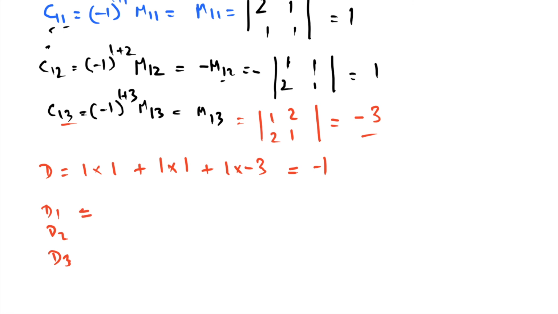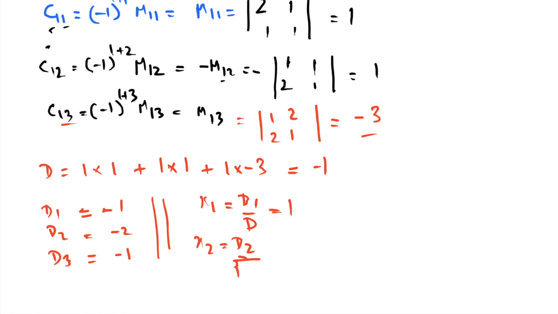I'll not compute them for you, but I encourage you to do it on your own. D1 will be equal to minus 1, D2 will be equal to minus 2, and D3 will again be equal to minus 1. And so consequently x1 will be equal to D1 by D, which is 1. x2 will be equal to D2 by D, which will be equal to 2. And x3 will be equal to D3 by D, and this will again be equal to 1.